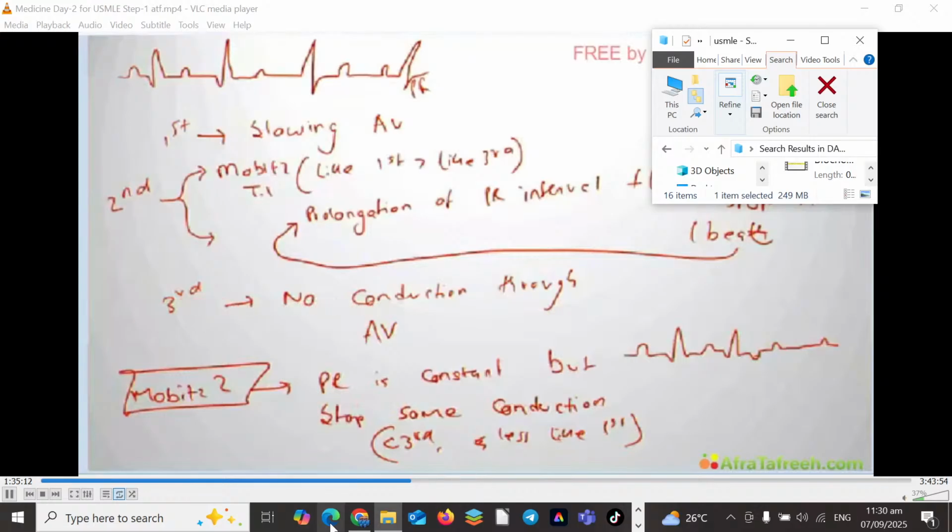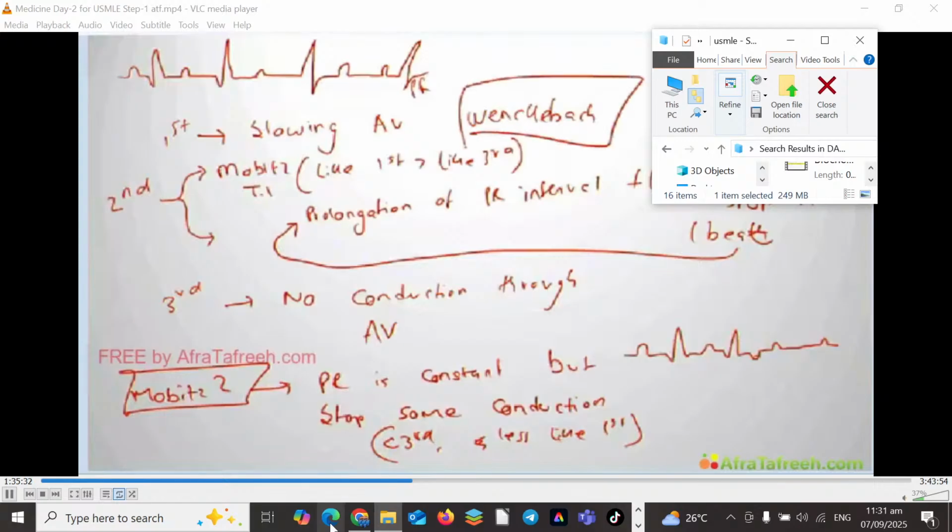So what you're talking about in Mobitz 1 is the PR prolongation. The PR being prolonged with each beat is the characteristic of Mobitz type 1. And Mobitz type 1 is also called the Wenckebach phenomenon. Can two beats be missed in Mobitz type 1?